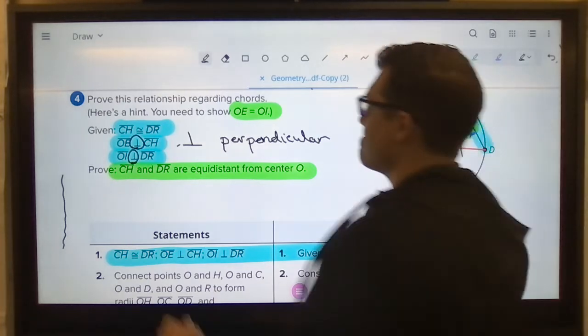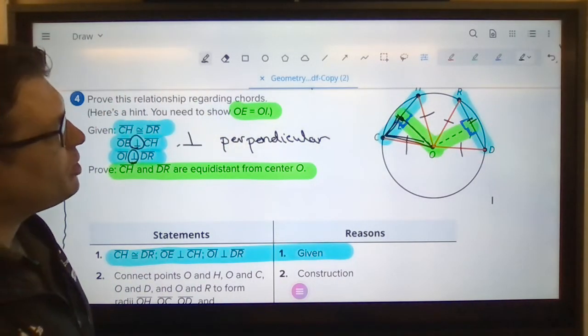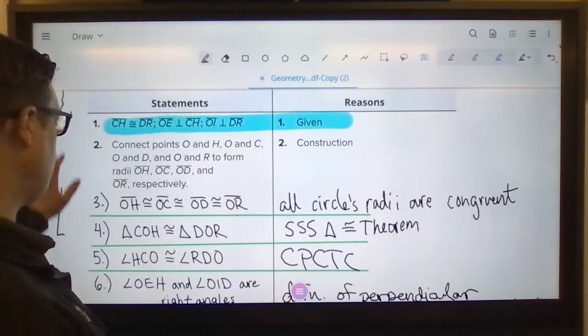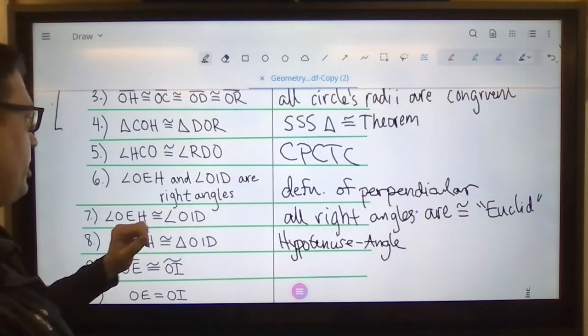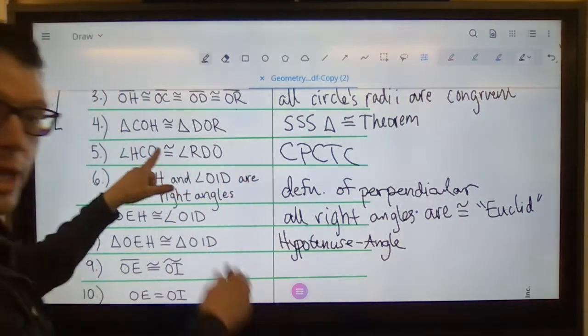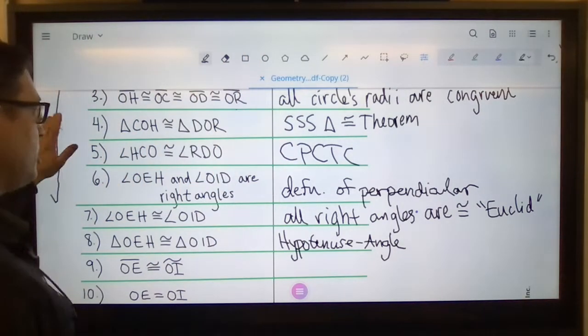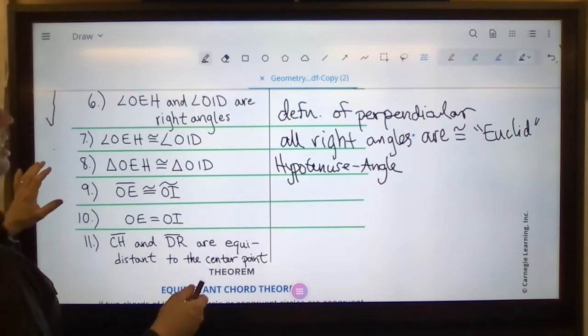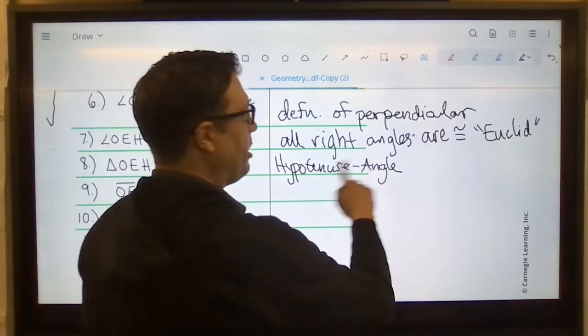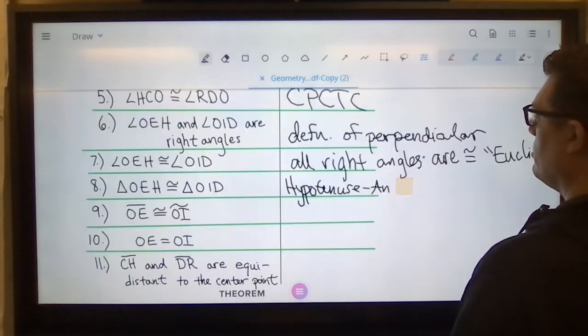Yeah. They don't have that in common, do they? What do they have in common? Go back and look for a second here. Definition of perpendicular, all right angles are congruent. The angle HCO and angle RDO, that's what it is. Okay, so I'm sorry, I just recognized that I have an angle and a side. So this is not hypotenuse angle. Sorry, back that up.